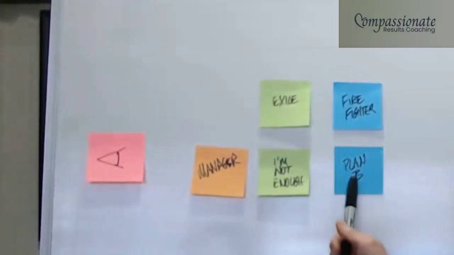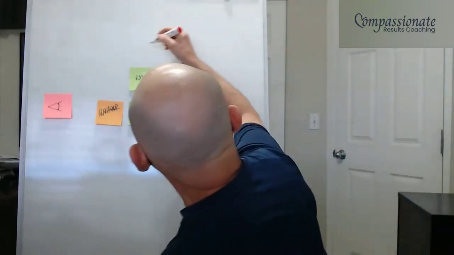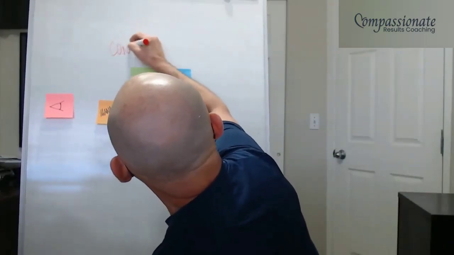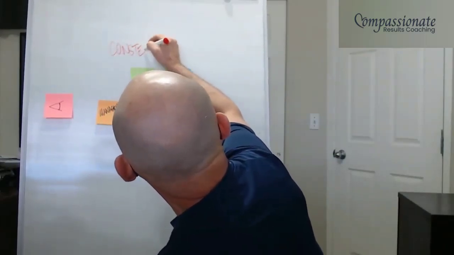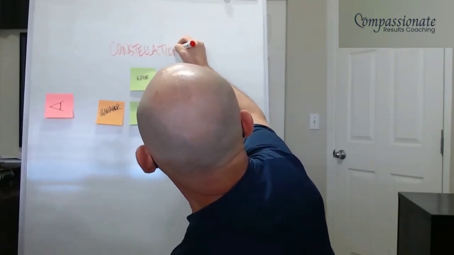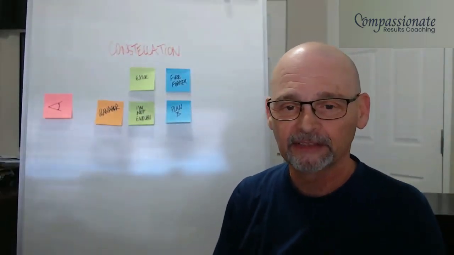These three parts would represent what I call a constellation. Now this is a constellation of parts. I'm going to write that word up here, constellation, and hope that I spelled it right, and hope that it's in the right direction when you read this. So that's the constellation of parts.